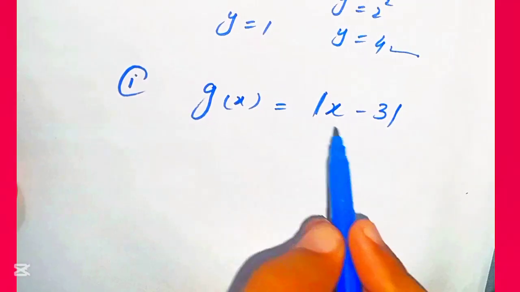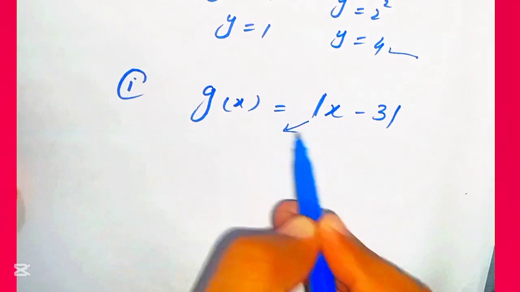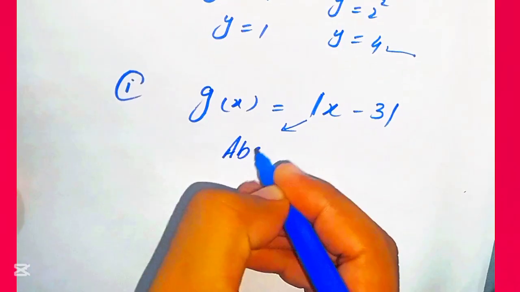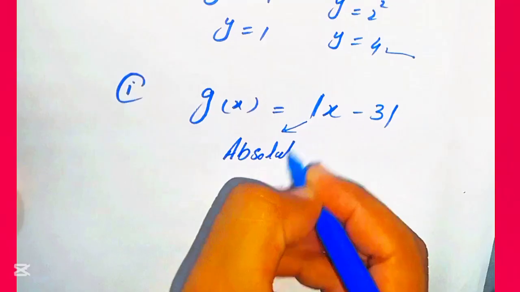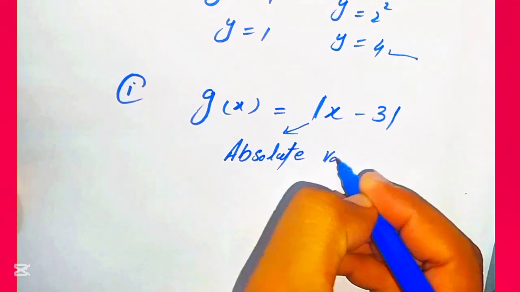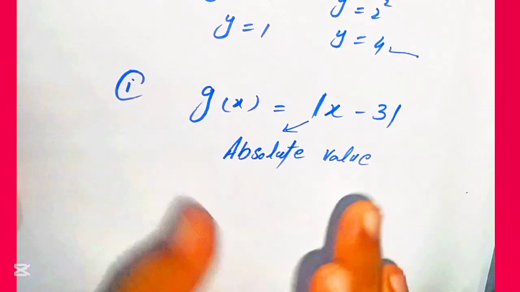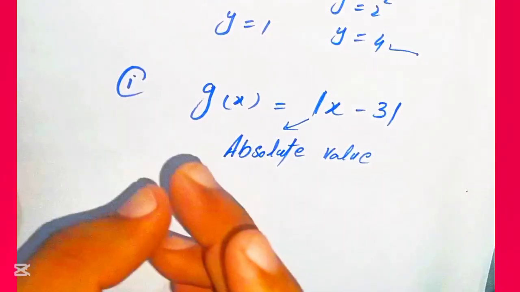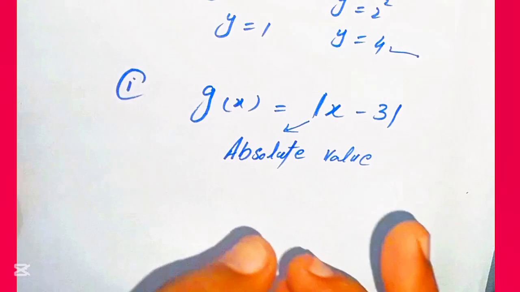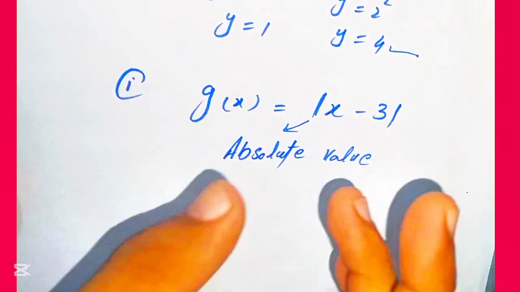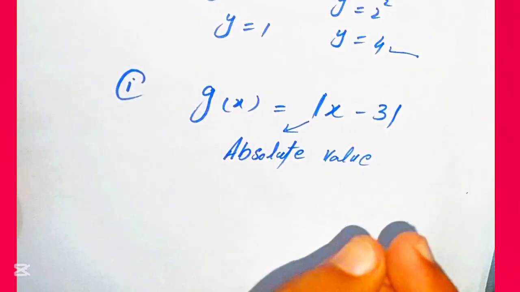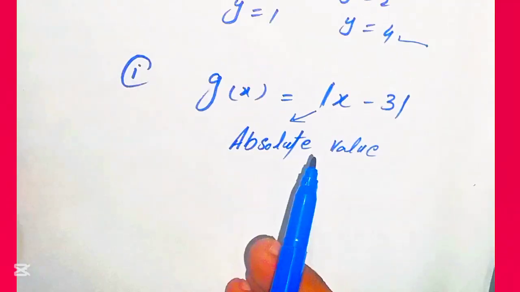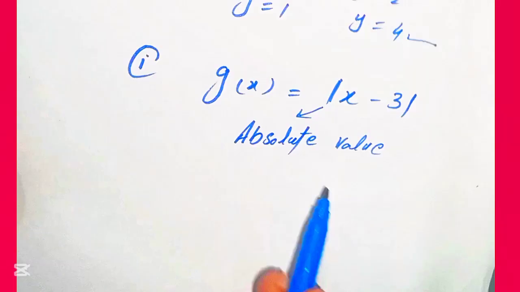This function is basically an absolute value function, and we know the property of the absolute value function: if our answer is negative, it changes from negative into positive. Now we find the domain and the range of this specific function.